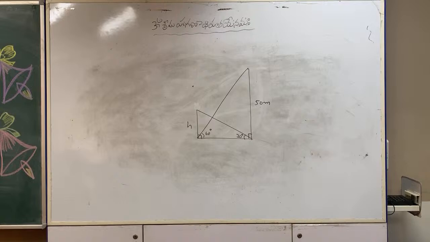From the big triangle, find the base. Apply tan 60. Tan 60 is equal to 50 by x. Find the base, then use the small triangle to find height. That is the clue.